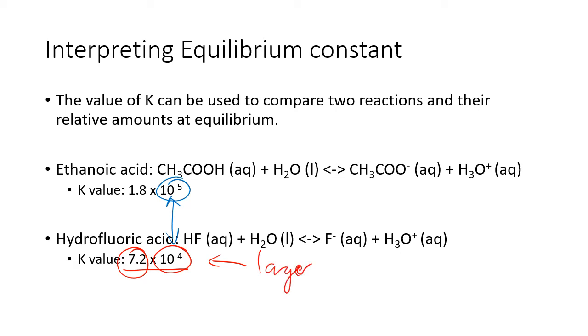So here's a question: which one will have a higher pH at equilibrium at 25 degrees Celsius, ethanoic acid or hydrofluoric acid? Okay, so let's have a think. Hydrofluoric acid has a K value which is larger, which means that you will have more products in the hydrofluoric acid than you will have in the ethanoic acid at the same concentration. If you have more products, compared to the ethanoic acid, you're going to have more acid.